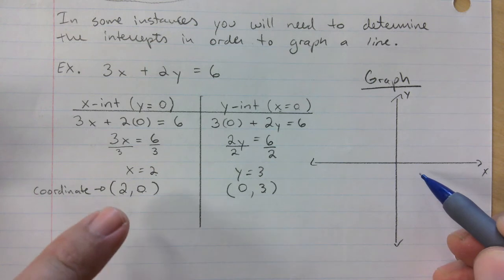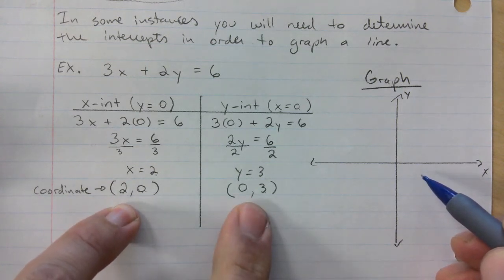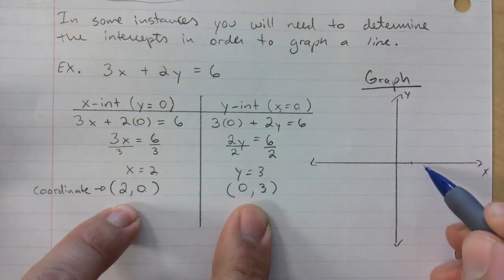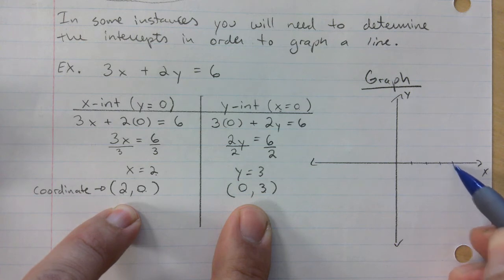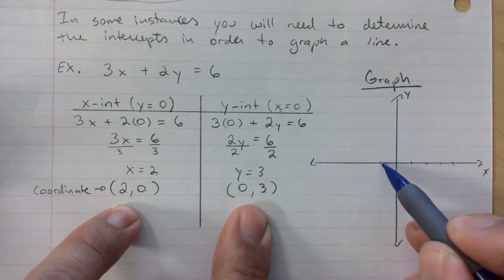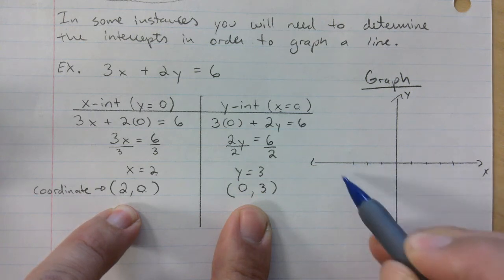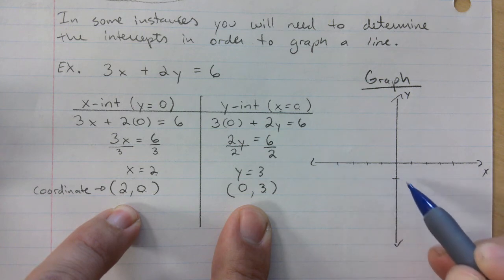So (2, 0) and (0, 3), that's not a whole lot of points. So we can just make the marks like that, equally spaced out.